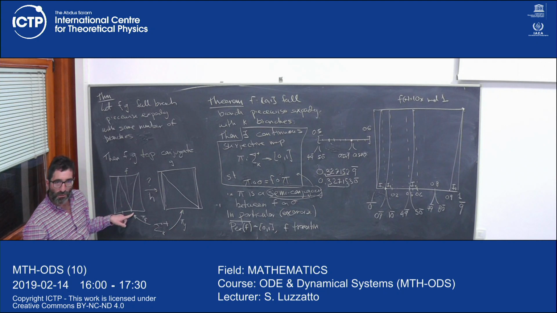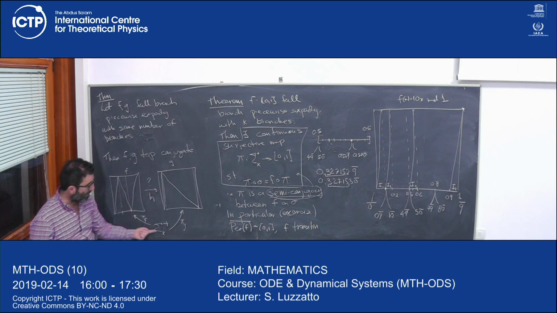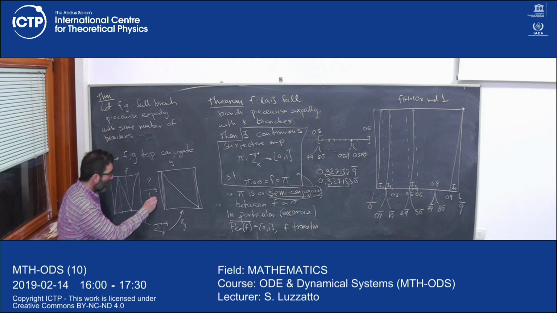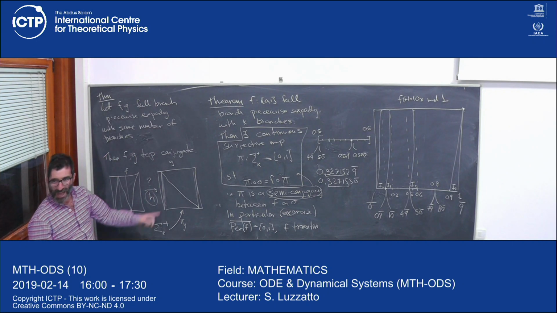Right? So we cannot directly just say, okay, this is conjugate to this is conjugate to this, so we take the composition. But can we take the composition here? Can we take pi f minus 1 composed with pi g and get a bijection between these two? What we want is a conjugacy. So we actually want a bijection between these two.